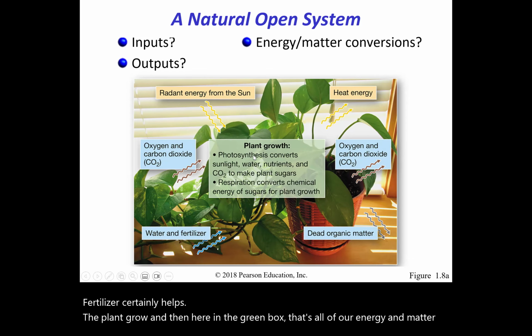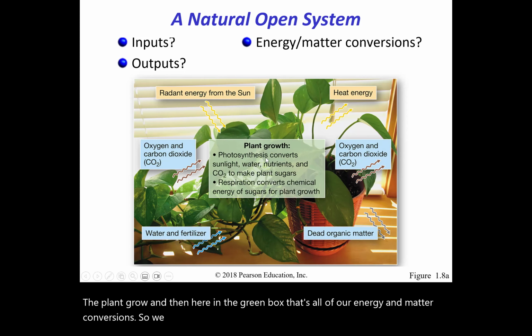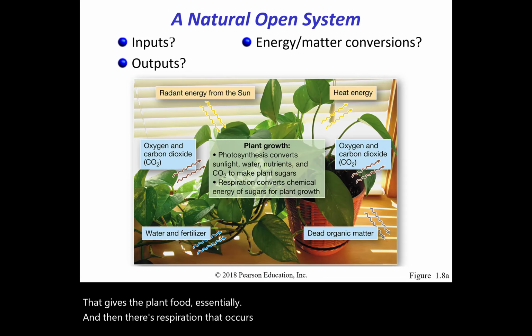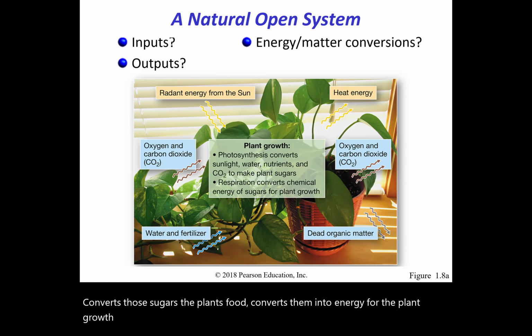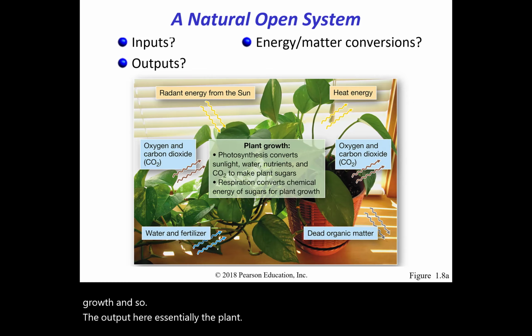So we have photosynthesis occurring, that gives the plant food, essentially. And then there's respiration that occurs as well, which converts those sugars, the plant's food, into energy for the plant growth.